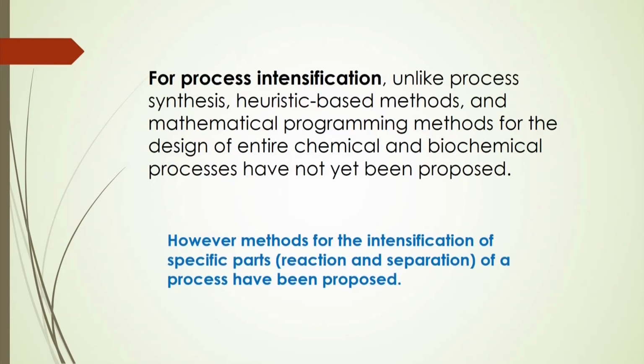Now, for process intensification, unlike process synthesis, heuristic based methods and mathematical programming methods for the design of entire chemical and biochemical processes have not yet been proposed in the literature. However, methods for the intensification of specific parts of a process, that is reaction and separation, have been proposed in the literature.